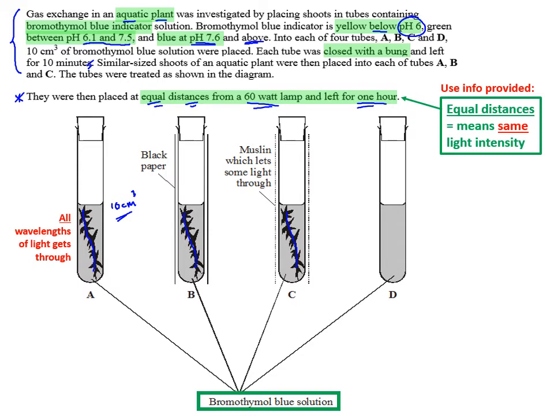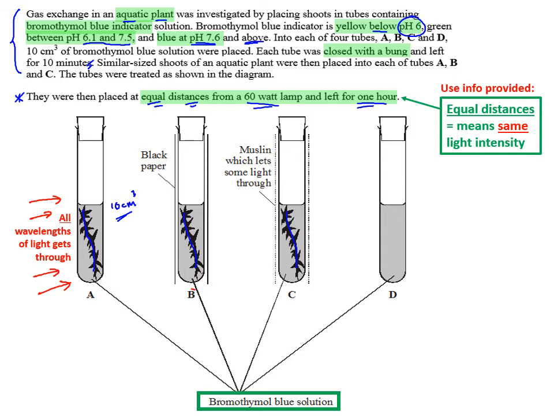So we know that all wavelengths of light, all colours of light from the light source will be able to hit the aquatic plant. So all the different colours on the visible spectrum will be able to hit the pigments on the thylakoid membranes within the chloroplasts of these plant cells.